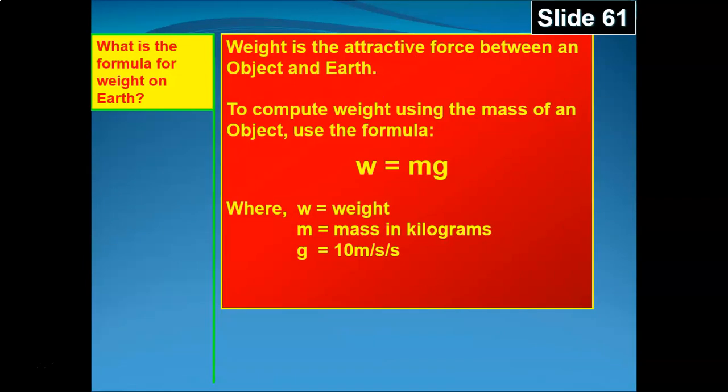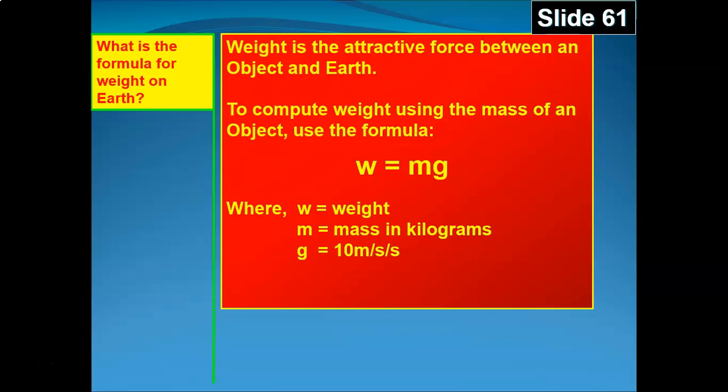Weight is the attractive force between an object and the Earth. It could be between an object and some other planet that it's on, but we're going to talk in terms of the Earth here. So to compute weight using the mass of an object, use the formula W equals mg, where W is the weight, m is the mass in kilograms, and g is the acceleration in meters per second squared.